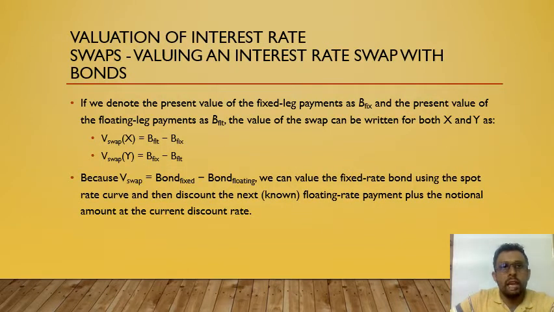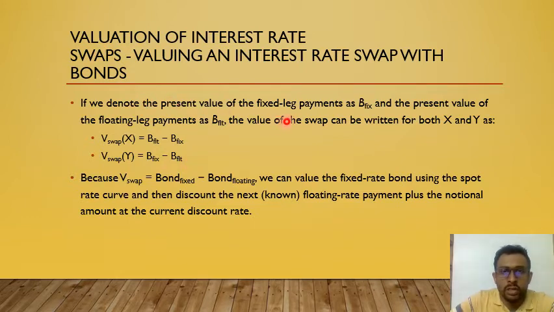So, coming to valuation of interest rate swaps, valuing it using bonds. There are two methods of valuing interest rate swaps: one is using bonds and the other is using FRAs. Here we are going to learn how to use bonds to value an interest rate swap. Consider an interest rate swap agreement between company X and company Y, where company X receives floating rate and gives away fixed rate, and Y receives fixed rate and gives away floating rate.